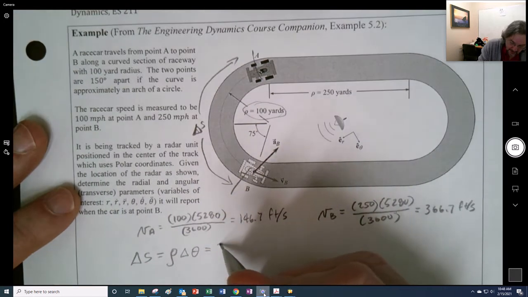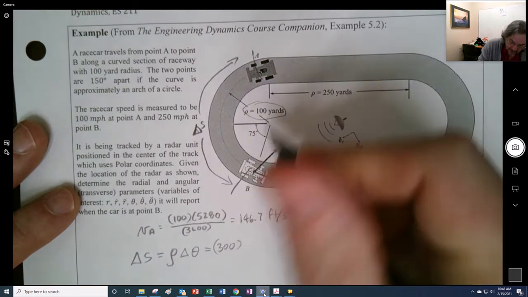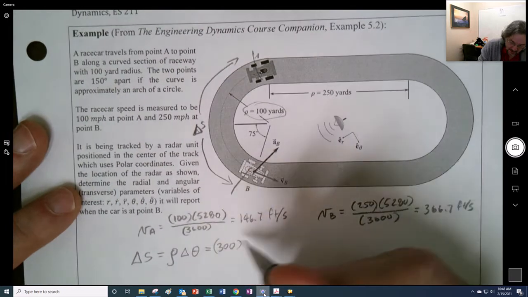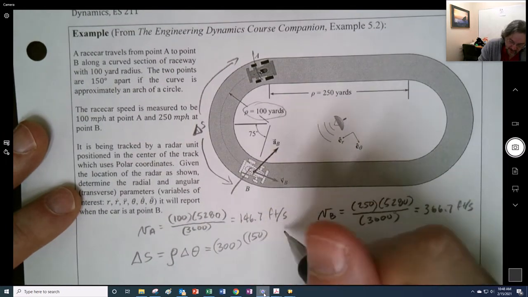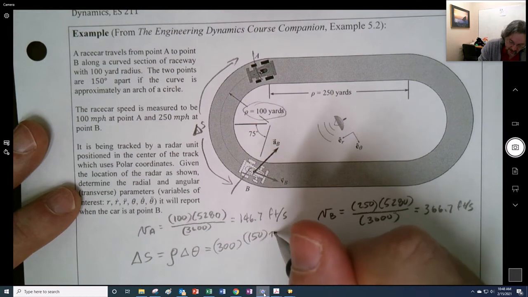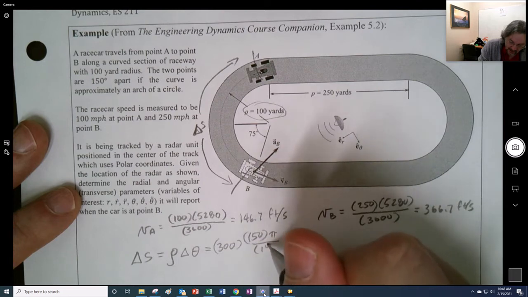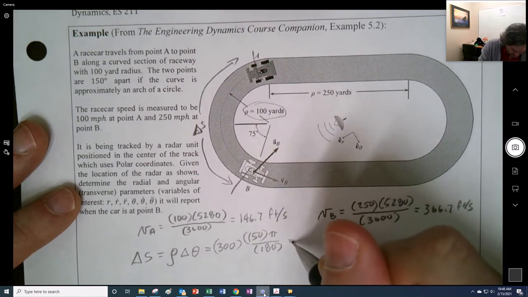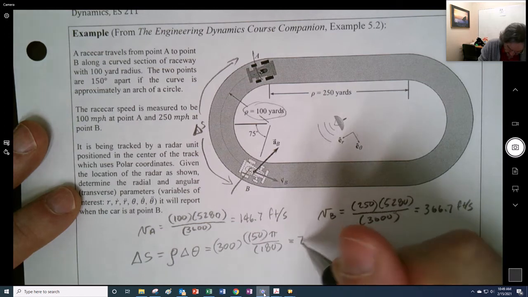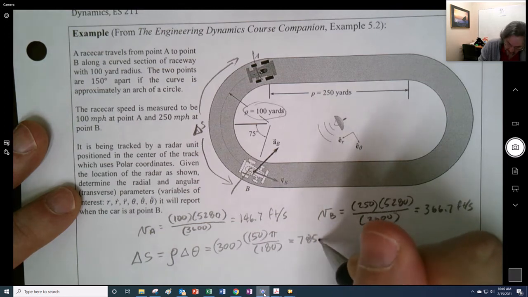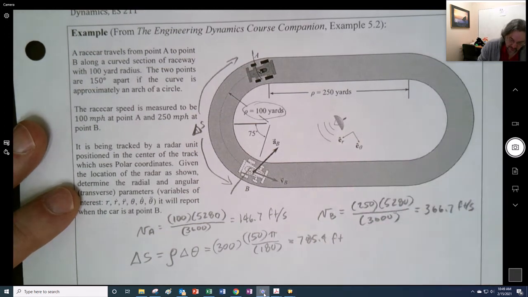So that's going to be 300 feet, given in yards, and the angle is 150, but we need to turn that into radians. So multiply by pi and divide by 180, and if you do that, you're going to have 785.4 feet.